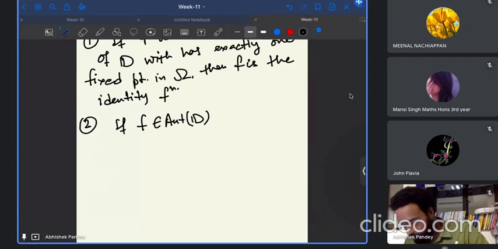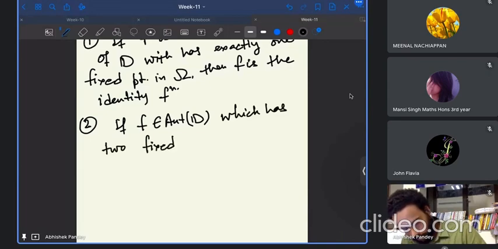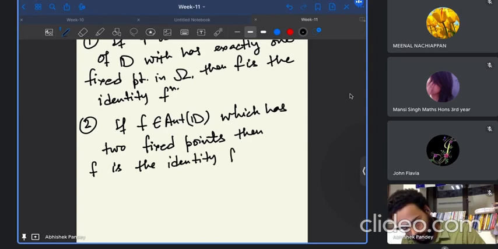If f belongs to the automorphism of D, which has two fixed points, then f is the identity function.